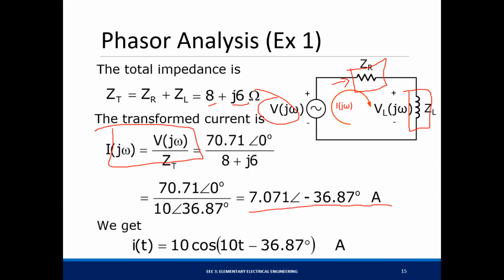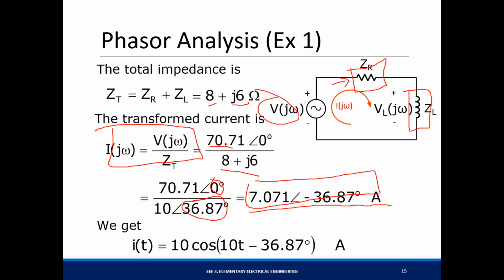Okay? So when you divide this, you can just use your calculator, set it in complex mode. Or you can just divide the magnitude of this by the magnitude of this, and you get the difference of the angles, and then you have your result right here.